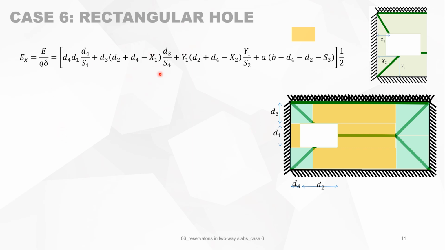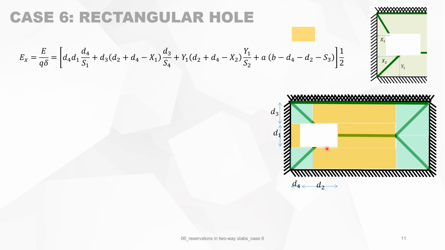So we can go now to the other rectangular areas, which are, for instance, this is d3 times this length, and this length is d2 plus d4 minus x1, which gives you that portion of the slab. Times, of course, again, d3 divided by s4.